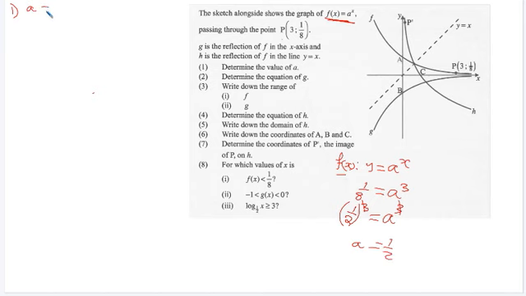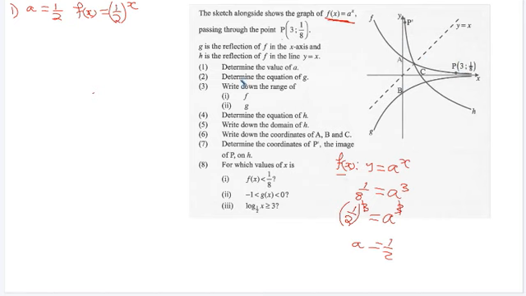So we are saying a is equal to 1/2. Therefore, your f of x is equal to 1/2 raised to x. And remember that time I said this has been reflected in the y-axis, so it's now the fraction for the a. There is our a, which is a fraction.